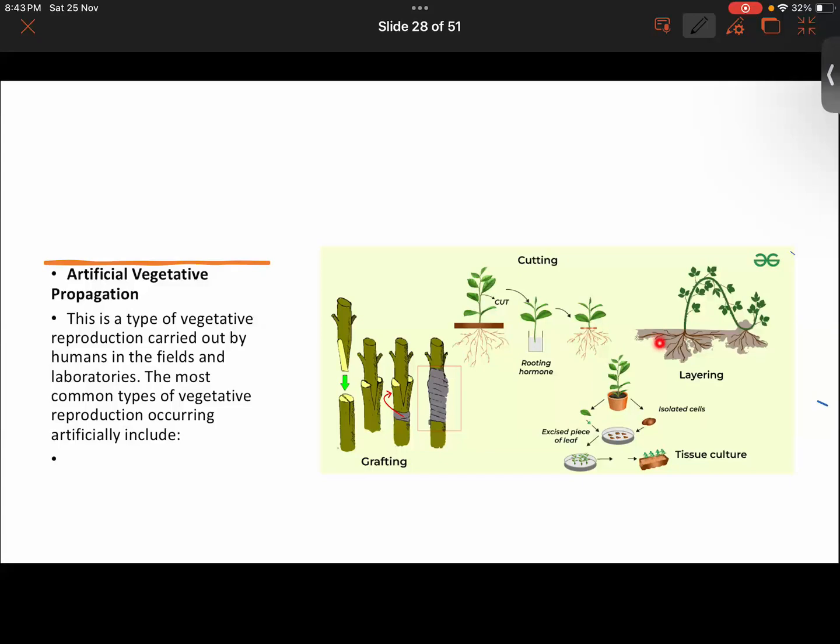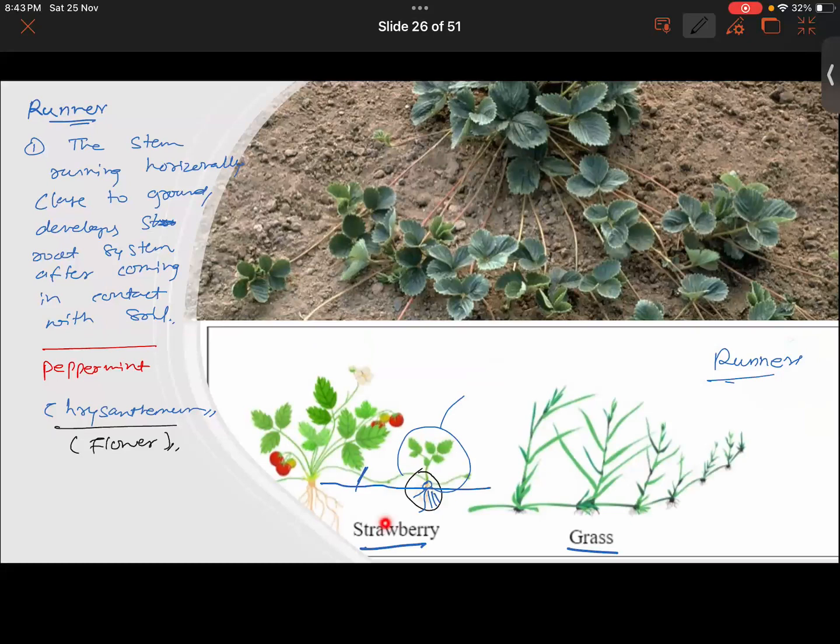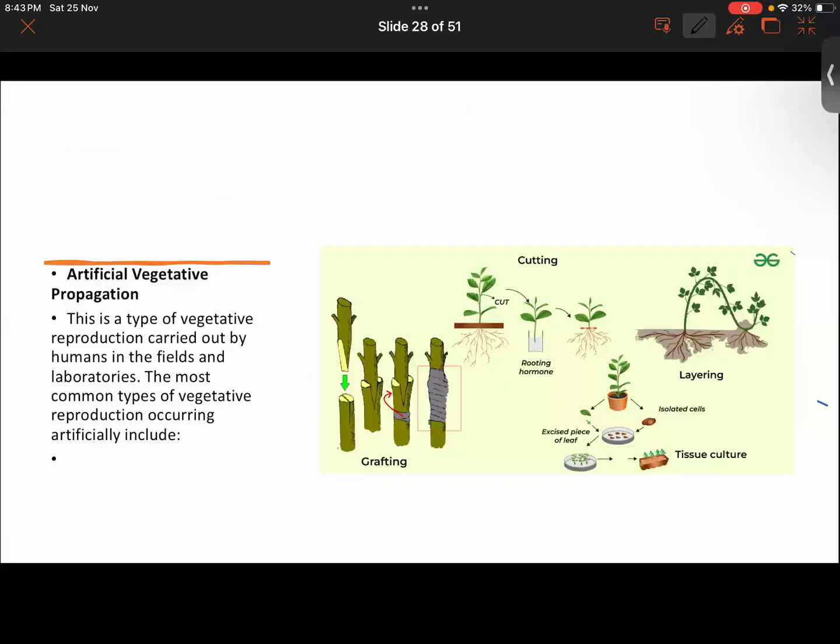Then you have got the layering system also, right? Where layering is done for the runners, the plants which are runners, like the example of a strawberry, chrysanthemum flower, peppermint, or the grass. So those are the runners. For the food crops, basically artificial layering will be done, right?